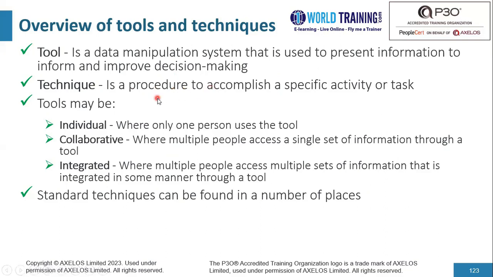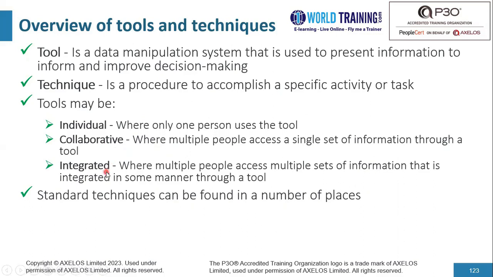And when we look into the various tools available, tools could be classified as individual tools where only one person uses the tool. A simple example is a Microsoft Project standard version, where you could download it on your desktop or operate it on your laptop, an individual tool. And then you have collaborative tools where multiple people access a single set of information through a tool.